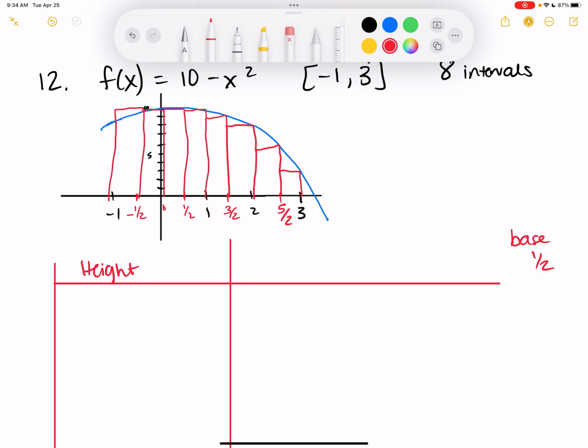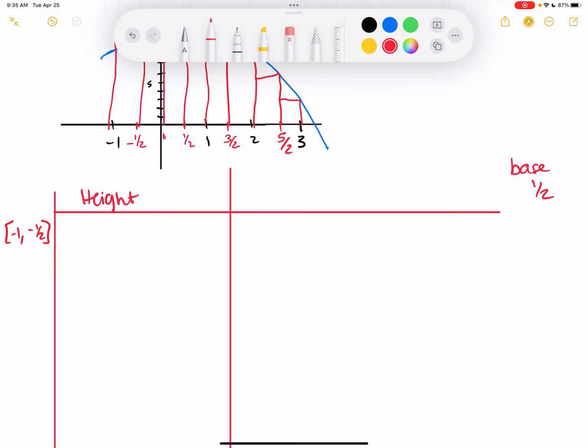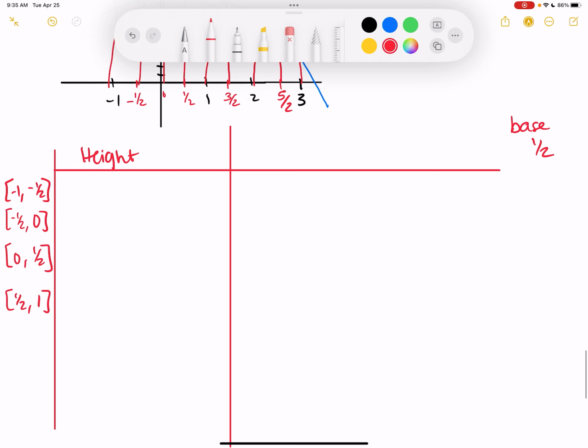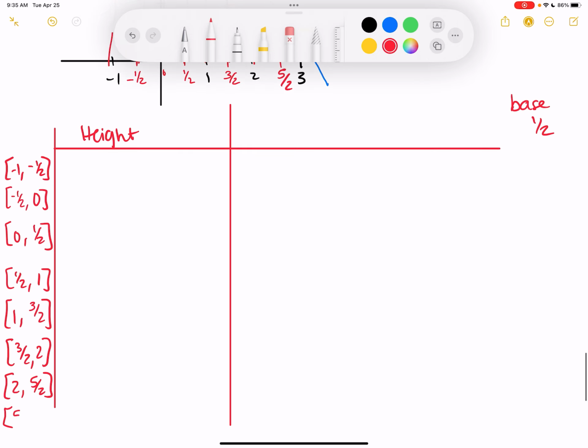So I'll have the intervals from -1 to -1/2, -1/2 to 0, 0 to 1/2, 1/2 to 1, 1 to 3 halves, 3 halves to 2, 2 to 5 halves, and then 5 halves to 3.